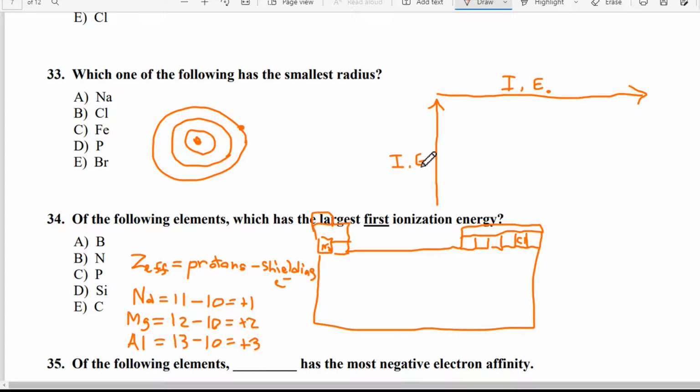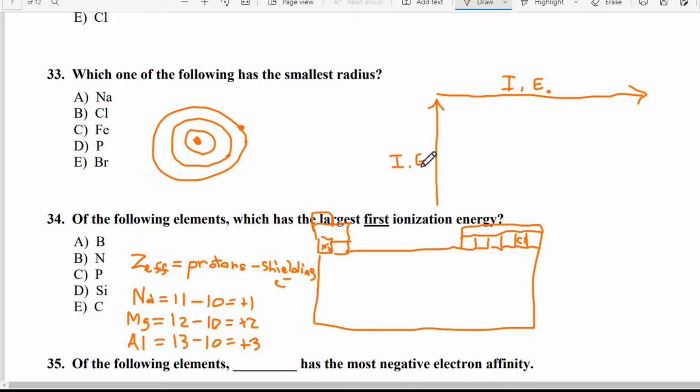Which is going to be more difficult to pull an electron away from? The 7. So as you go across, ionization energy increases because effective nuclear charge increases. As you go across, atomic size decreases because effective nuclear charge increases and pulls them in more tightly.